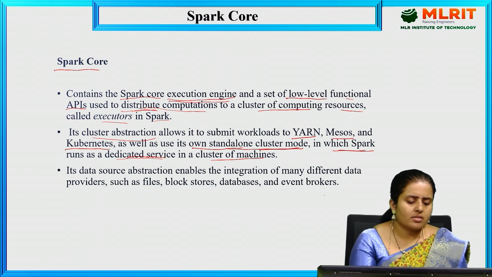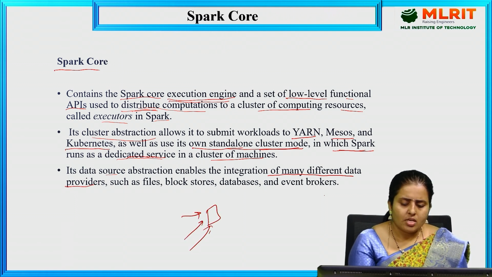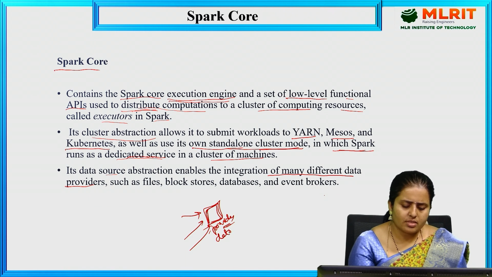Its data source abstraction enables the integration of many different data providers. So if the data is collected from multiple sources, many data providers are going to work here in the first step. This is nothing but the data source. As a first step, multiple data providers work on multiple files.